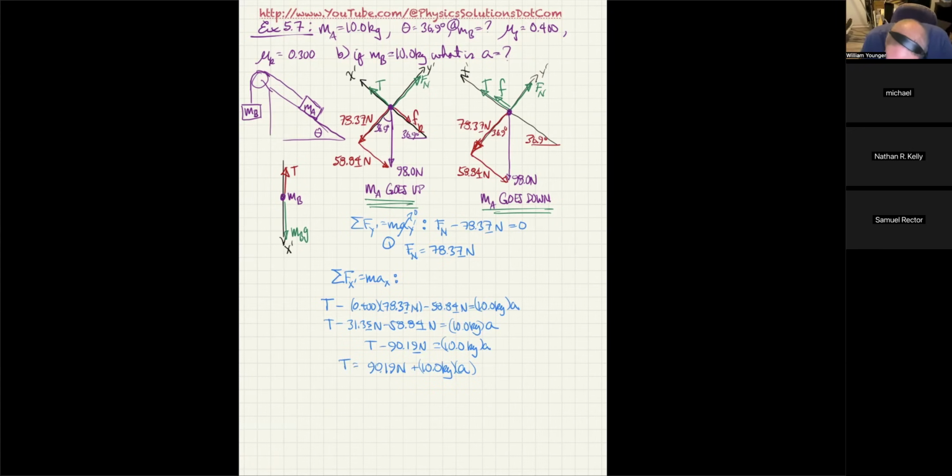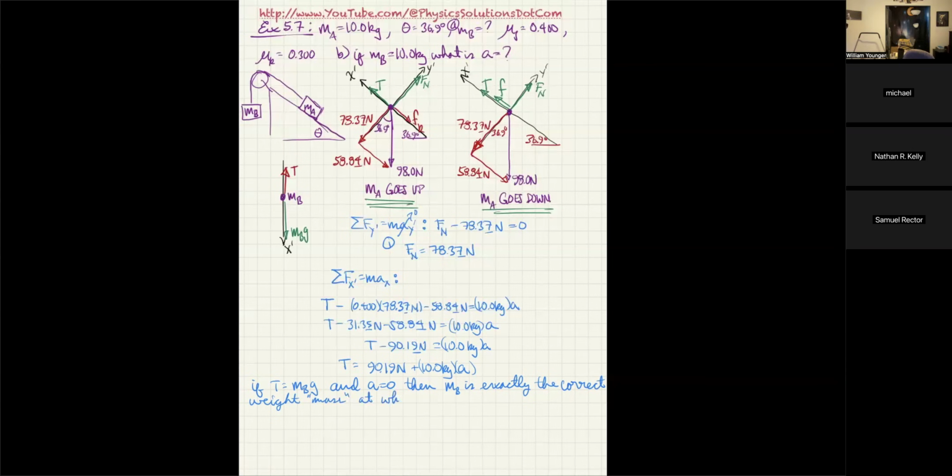So we can say if T is equal to mBg and a was equal to zero, then mB is exactly the correct weight, mass really, at which static friction is overcome.